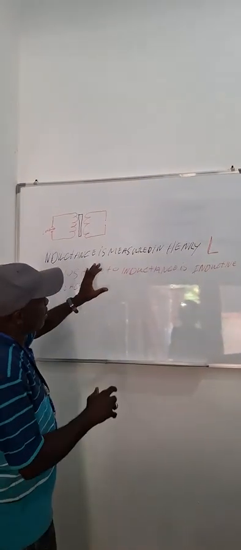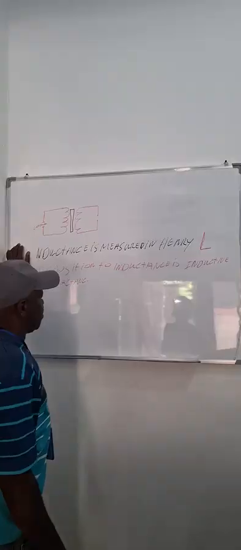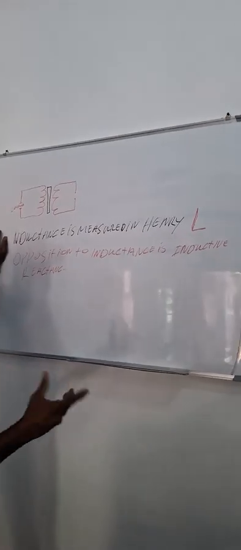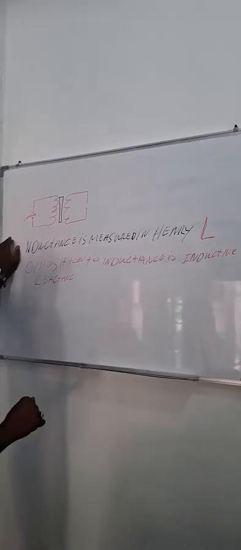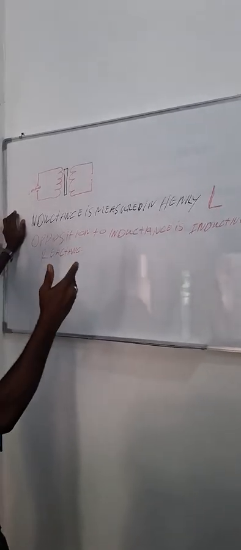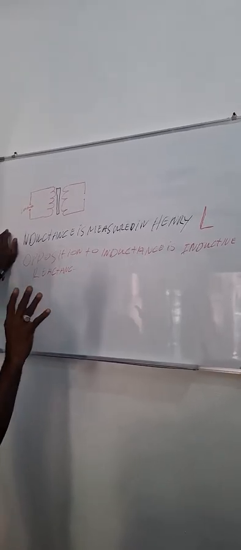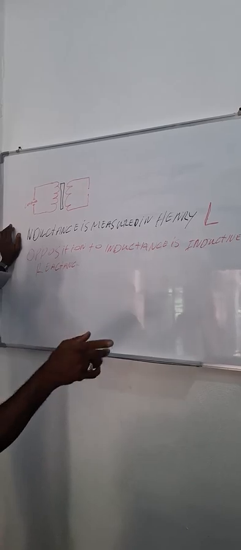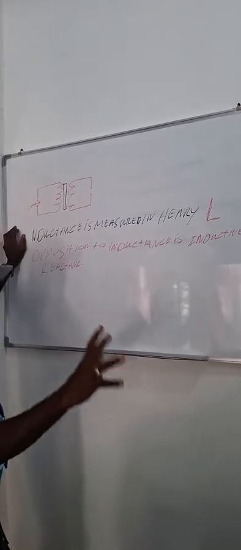Inductance is measured in henry, and L is the symbol for it. Opposition to the change in current is inductive reactance, and that is measured in ohms. Remember we are dealing with an AC circuit, where there are normally three opposing forces: the resistance, in ohms, the inductive reactance, and the capacitive reactance.